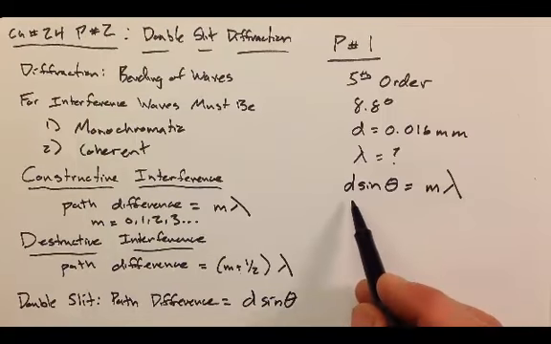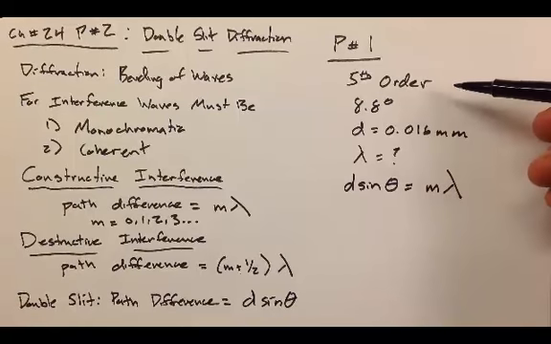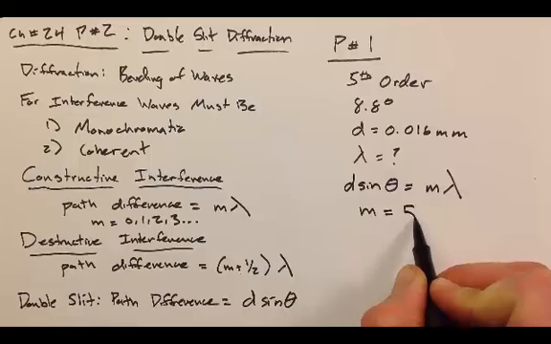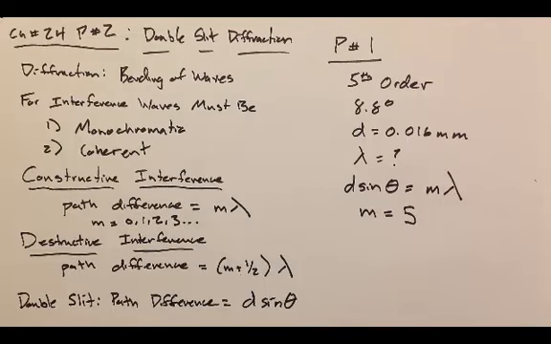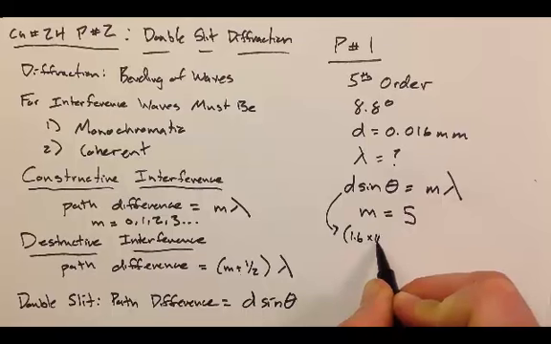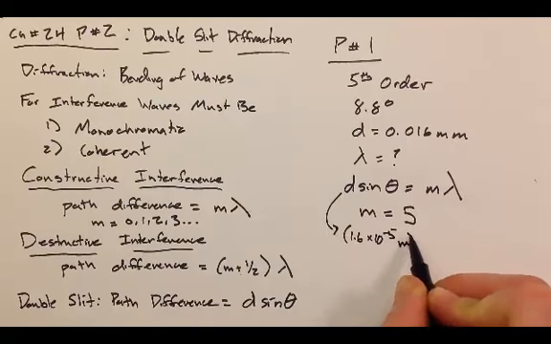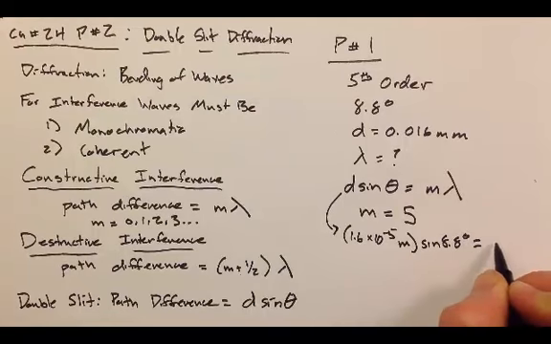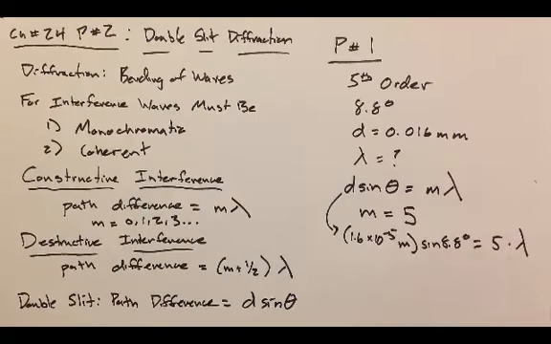So here I have the path difference. If it's a fifth order interference fringe, that's saying m is equal to 5. If we plug in what we know, we get 1.6 times 10 to the minus 5 meters times sine 8.8 degrees is equal to 5 times lambda.